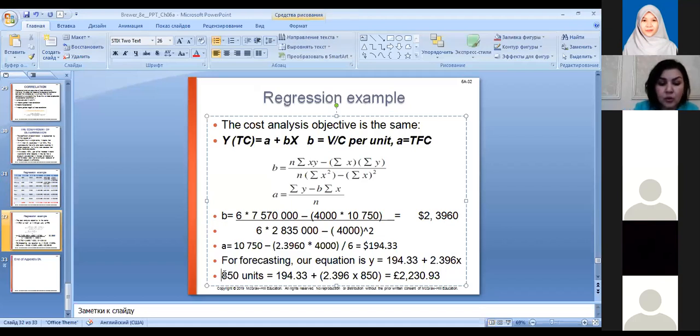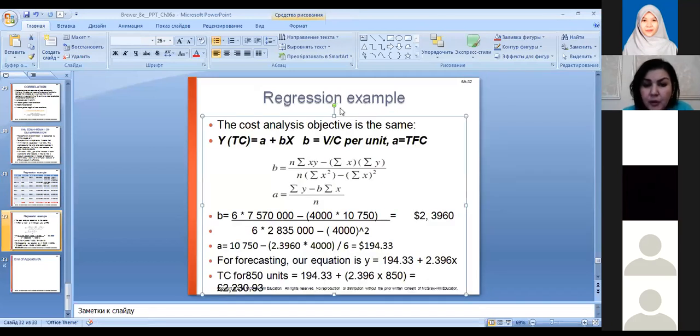So total cost for 850 units. Let's just put the data in the formula.